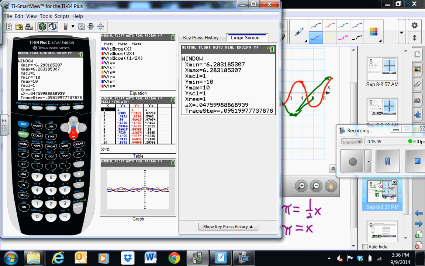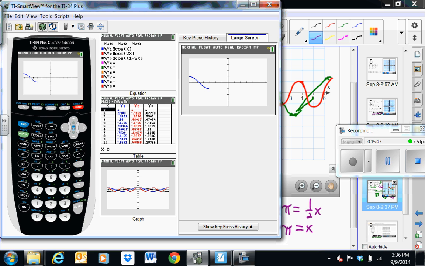And I'm going to make my range go to y minimum of negative 4 and y maximum of 4, just to see it a little bit better. So now this should show exactly one period of the black cosine of 1/2 x, because I'm showing from negative 2 pi to positive 2 pi, so this is going to show a 4 pi period.